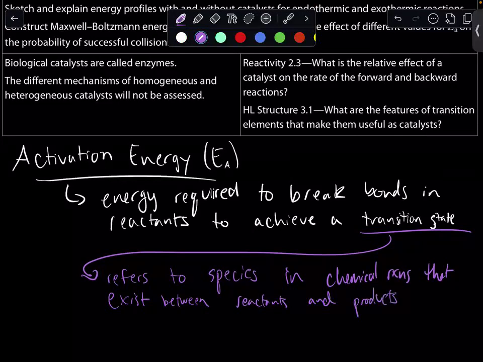So it's kind of like this intermediary where bonds are broken, and new ones are formed. So it's kind of like this middle part.